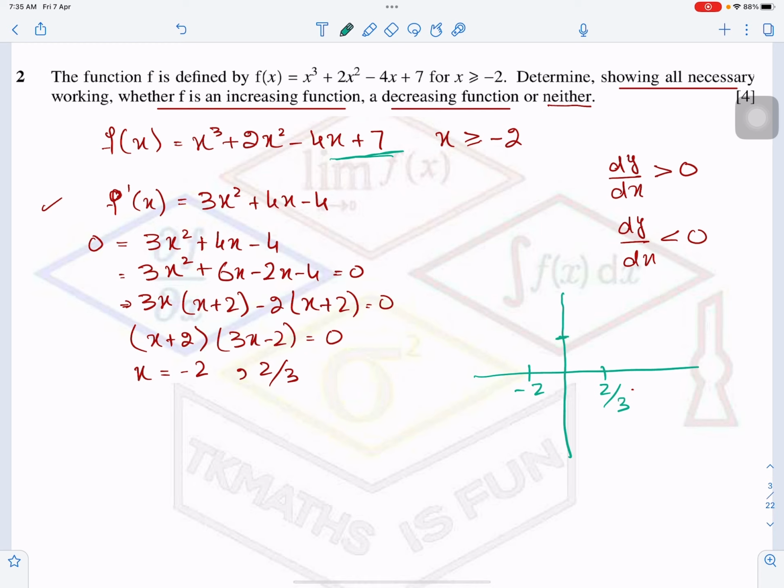It means the curve will pass through this point also. Suppose this is 7. It's a rough sketch, okay? Only the important points I'm highlighting here. So at this point somewhere, and similarly at this point, the curve is taking a turn like this, okay? The rate of change is 0 here.